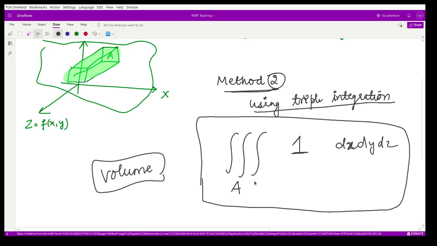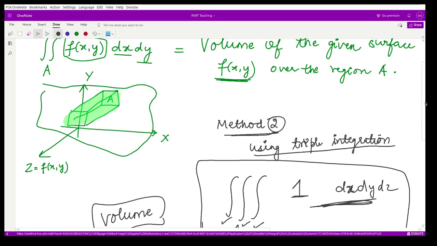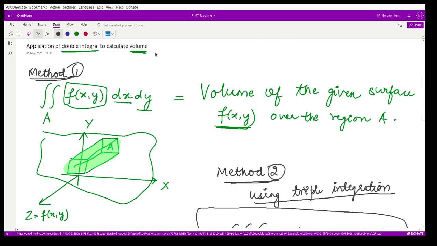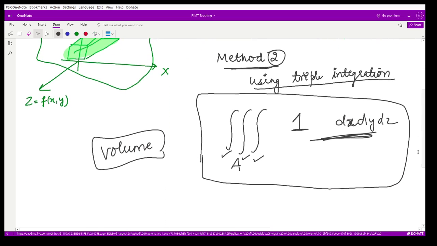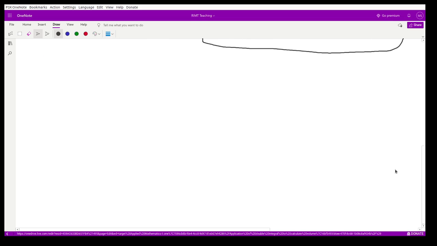So you specifically define your limits and then you will be able to calculate the volume. So for the time being, let us discuss how can you obtain volume when using this double integration. And for this triple integration, we will see in a few more lectures how can we calculate this triple integration and how can we obtain the corresponding volume.